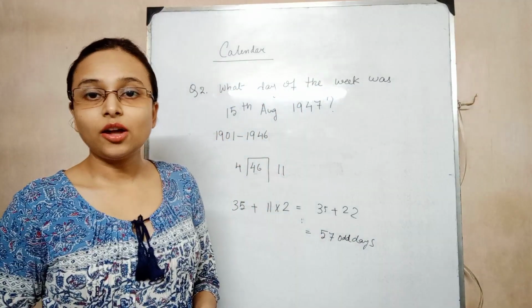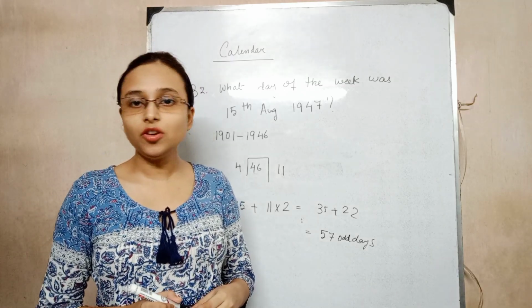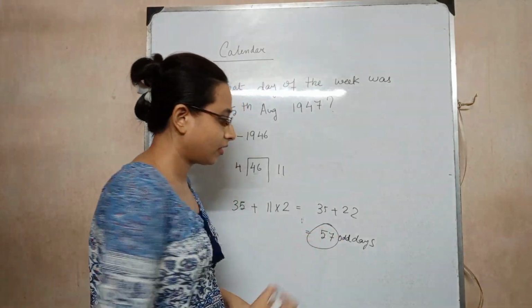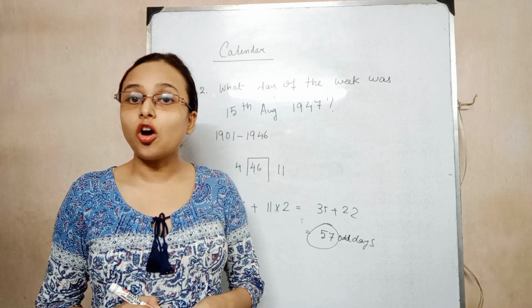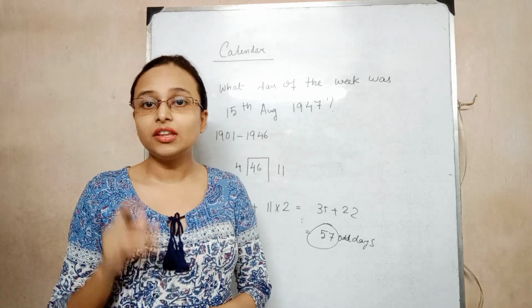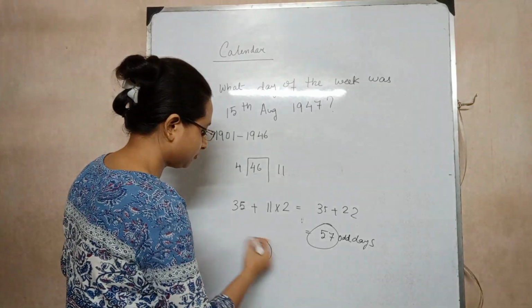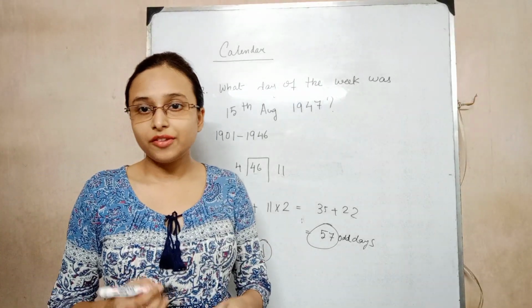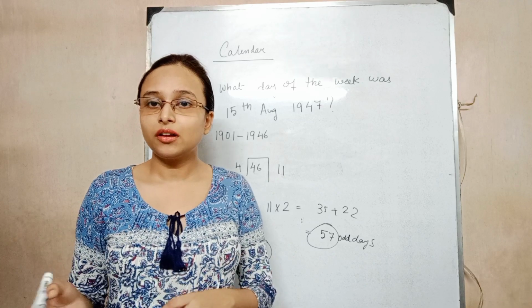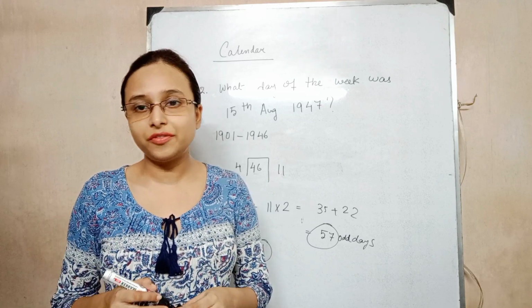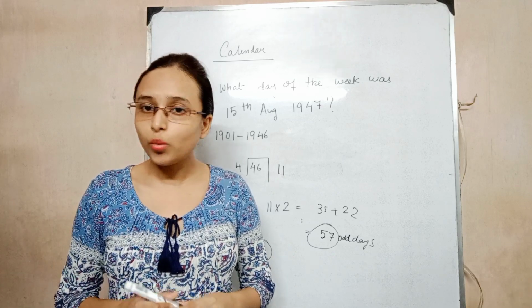Now we have already got 57 odd days. The division of 57 by 7 gives you the remainder 1. We already know that 7 times 8 is 56 and the remainder will come to 1.